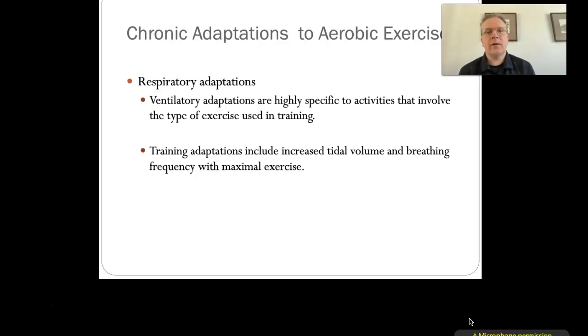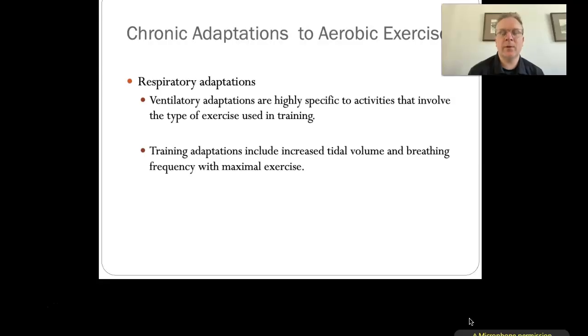So definitely chronic adaptations we're going to see to aerobic exercise, some of the things we've talked about already, but respiratory adaptations. We see ventilatory adaptations are highly specific to activities, and to the type of exercise we are training in. So specifically aerobic versus anaerobic or strength training, we'll see adaptations to that.